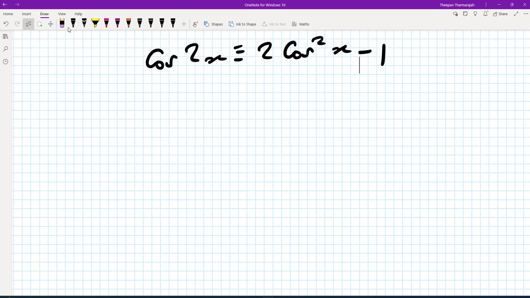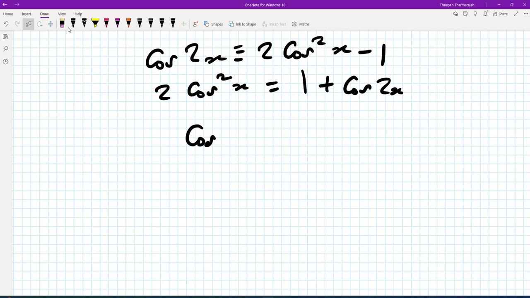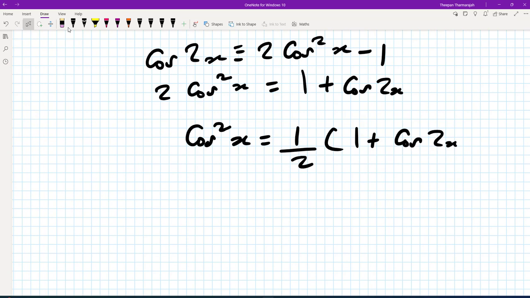So that means we're trying to make cos squared x the subject. So we can say that 2 cos squared x is the same as 1 plus cos 2x. And since we divide it by 2, that's the same as a half times 1 plus cos 2x. You would use this identity if you were integrating cos squared x dx.